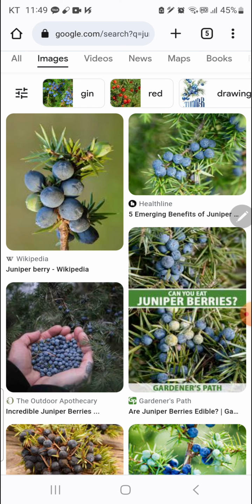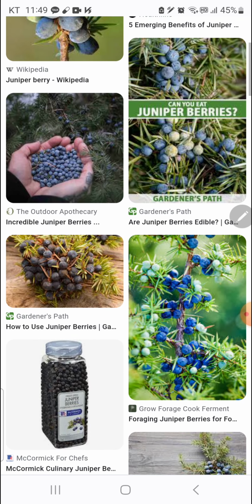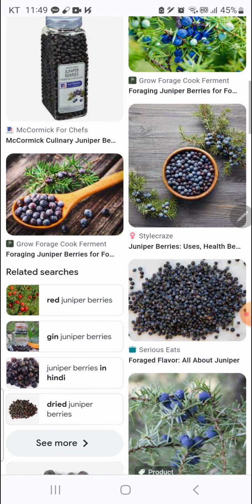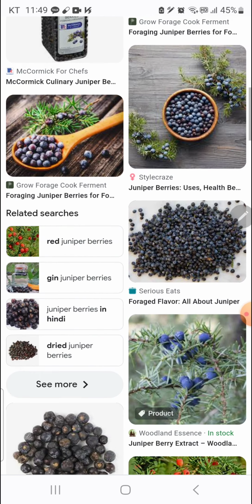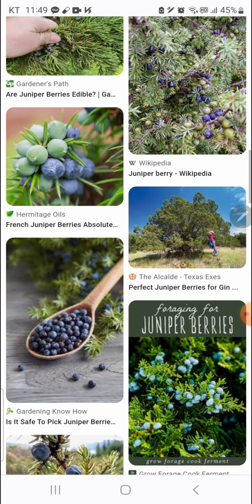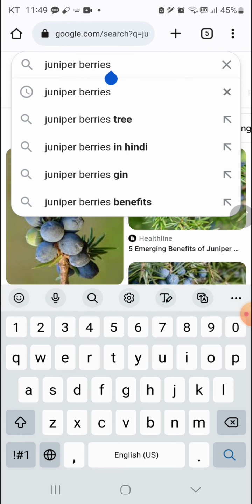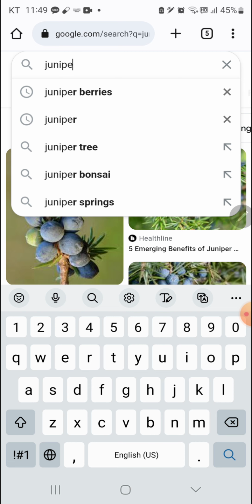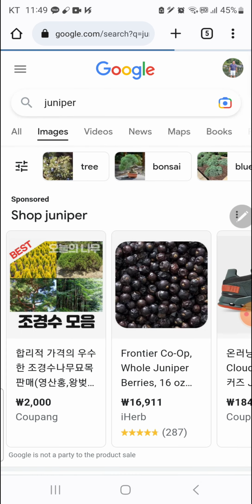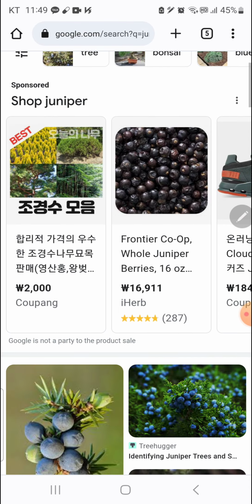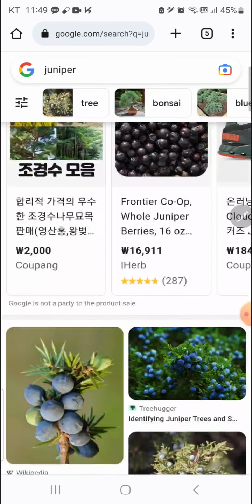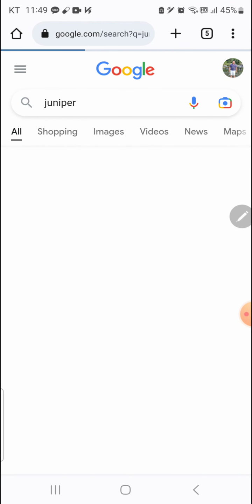I think I've seen several before. So let's find out what juniper is in Korean. I am clueless, I forgot actually.